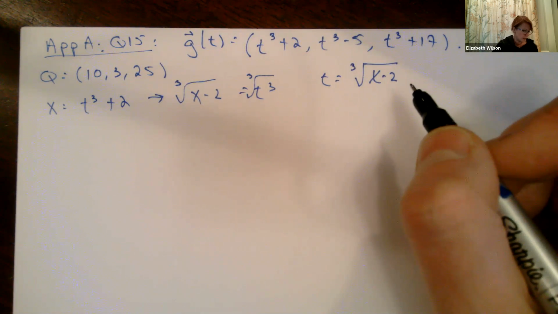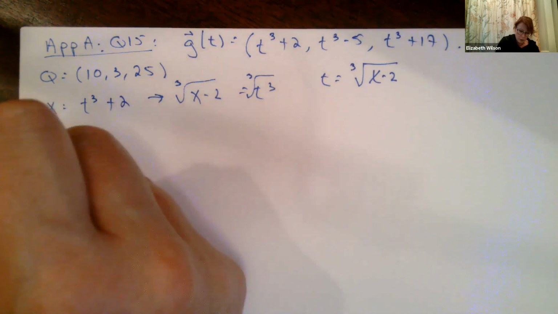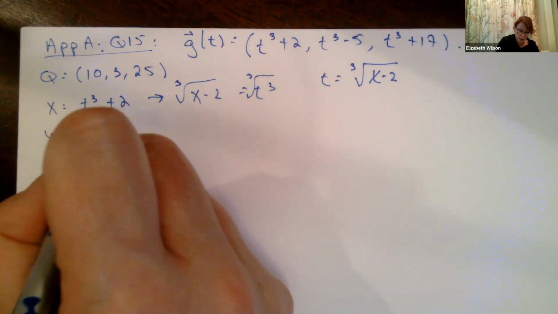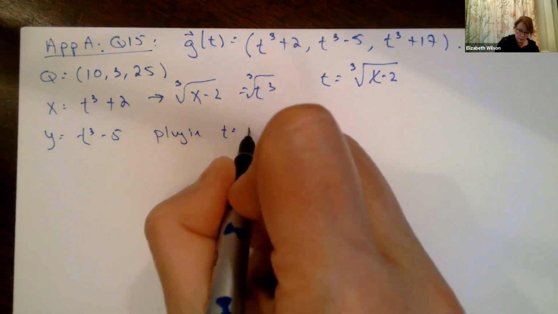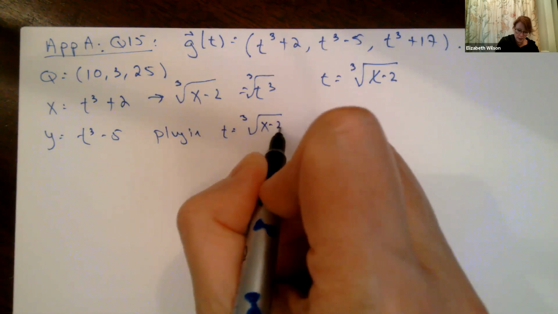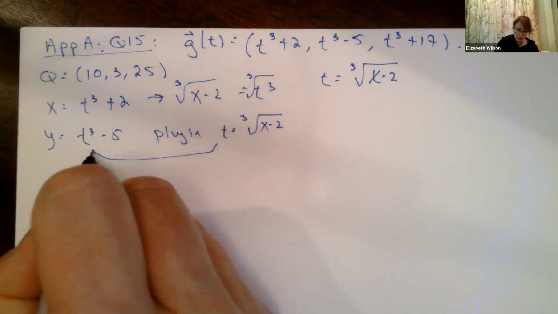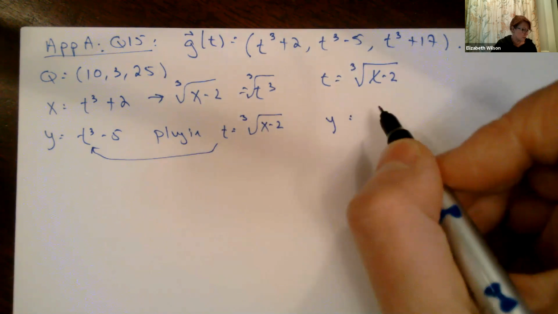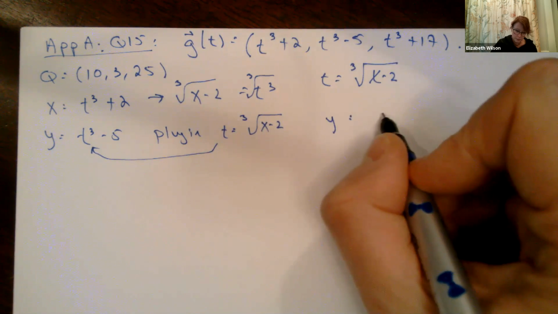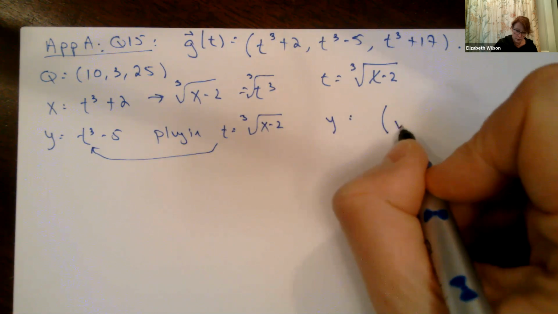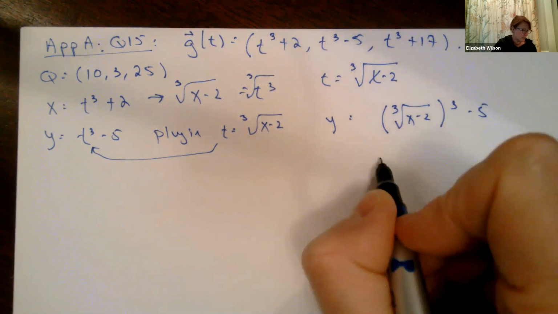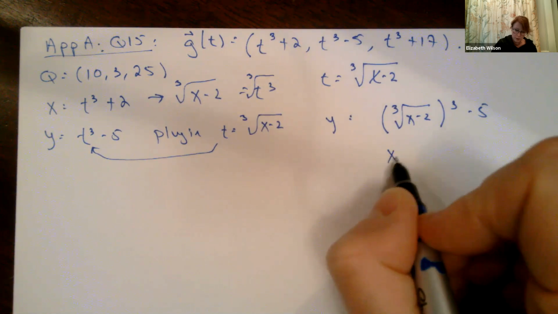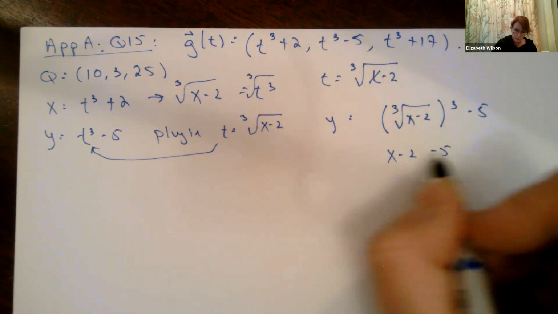And then I'm going to plug that into my y function. So y equals t cubed minus 5, which is going to give me x minus 2 minus 5 equals y.